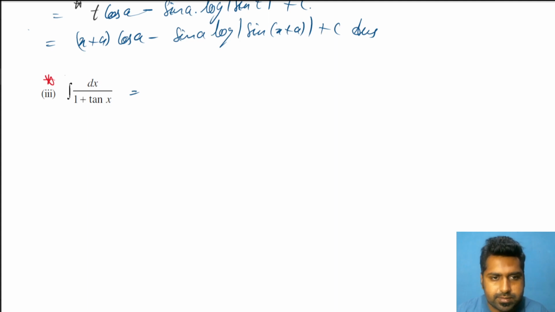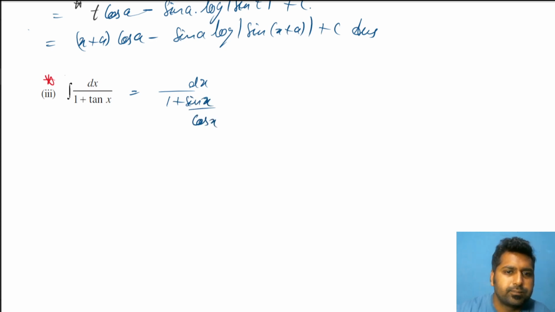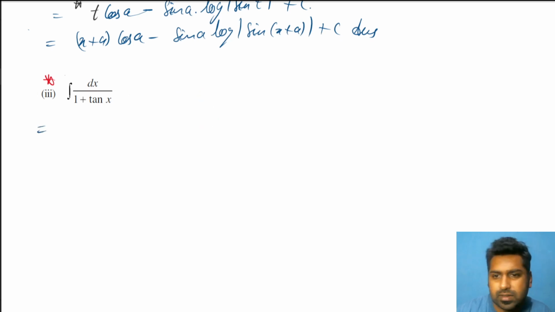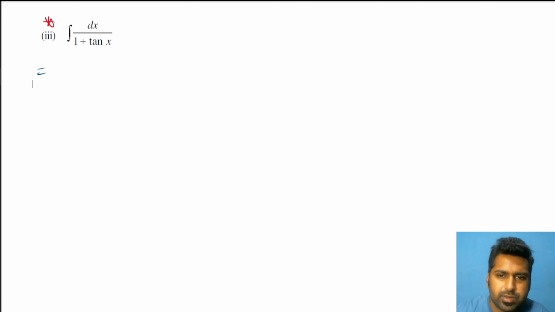Just look at the steps, how the substitution is going to happen. Let's convert first of all this in sine and cos. So this becomes dx upon 1 plus sine x by cos x. I'll write here. This is a lengthy question, so it's going to take the whole page.